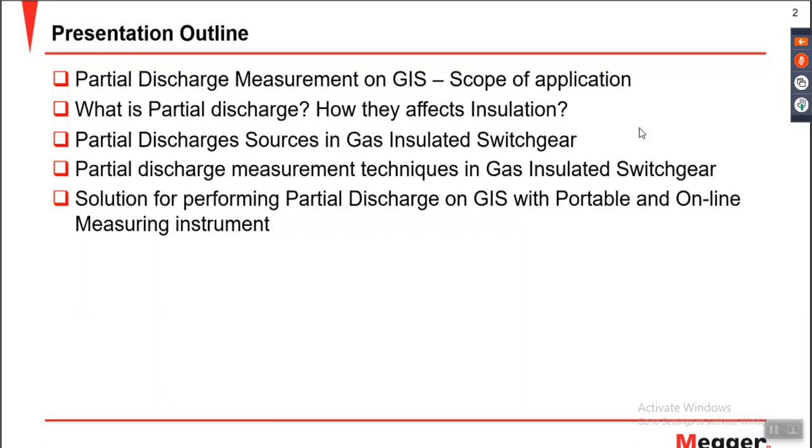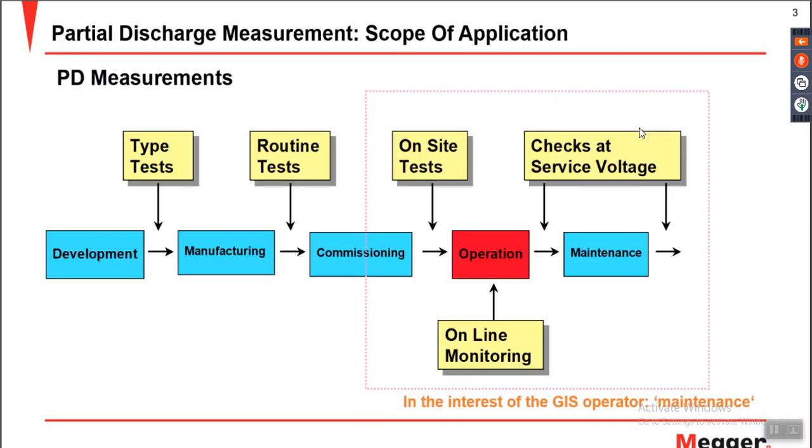Then what kind of different sources or defects can generate partial discharges in GIS, followed by the measurement techniques for detecting those partial discharges in GIS. And as a last topic, we are going to introduce the solution we provide for a portable or online continuous measuring instrument for performing these partial discharge measurements.